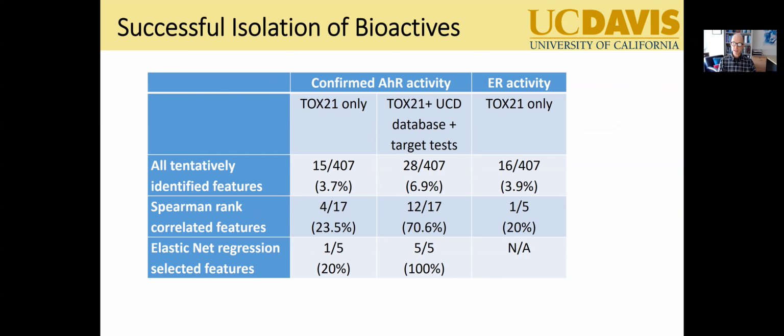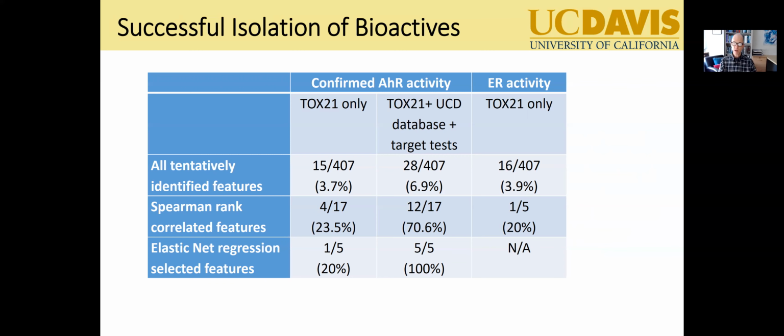If we look instead only at the population that was statistically significantly correlated with the bioassay results, 4 of the 17 compounds that were correlated were in the Tox21 database and known to be AhR agonists.